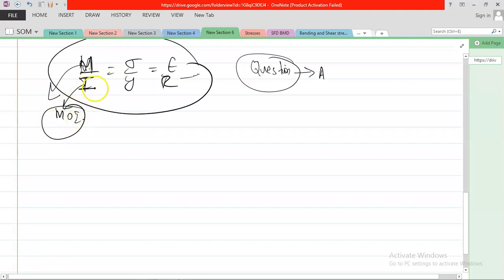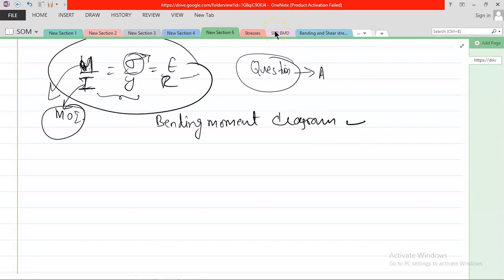So you need to find the moment of inertia of the body, then you can simply obtain the bending stress in that. Okay, so this is one of the easy things you can do. The trick lies in finding the bending moment. If you know the bending moment, we can solve the problem very easily. So bending moment diagram, that's why it is taught before the bending stress.